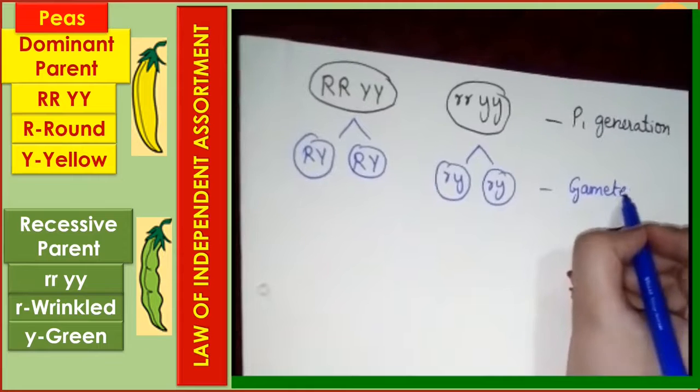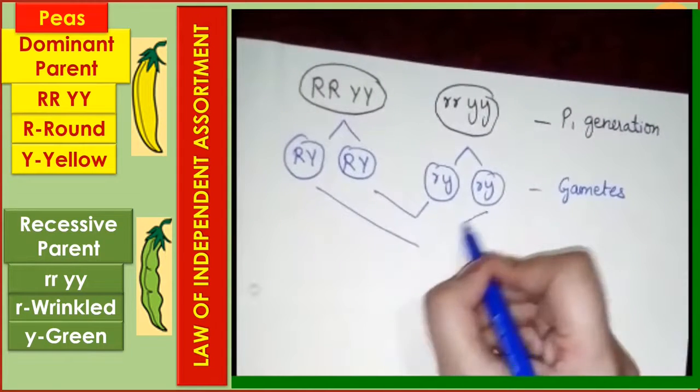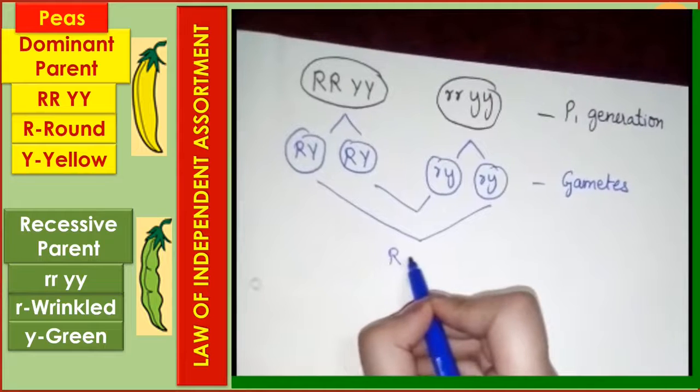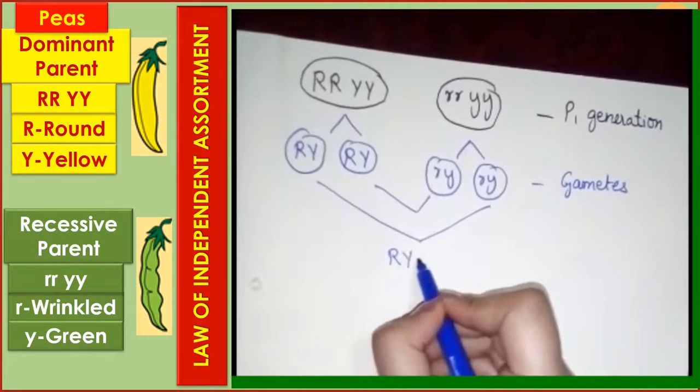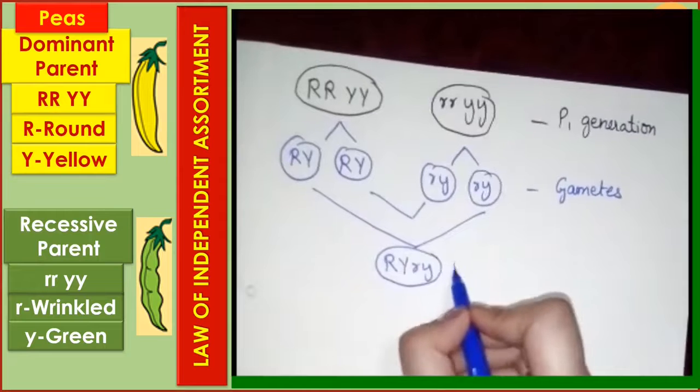As a result of gametogenesis, gametes are formed: capital R, capital Y on one side and small r, small y on the other side. Then a cross is made between these two gametes and the F1 generation takes place.